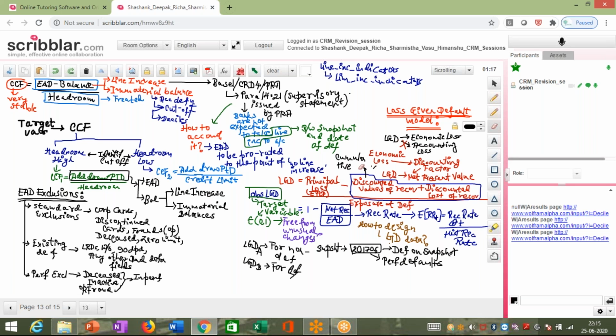So while we talk about LGD, one very important functionality which we need to take care of is to calculate the cumulative recovery.